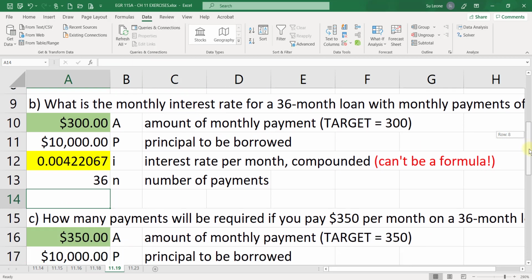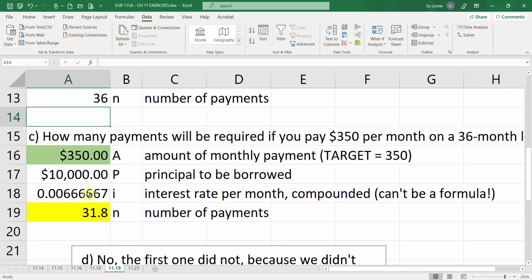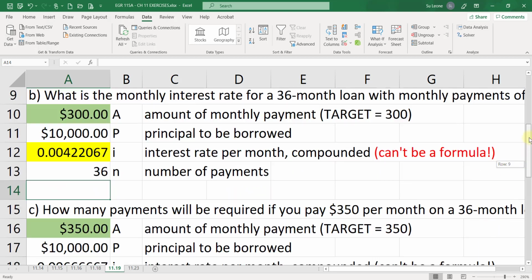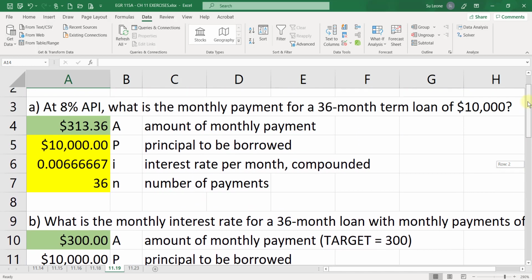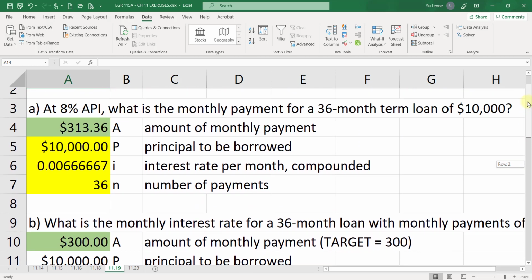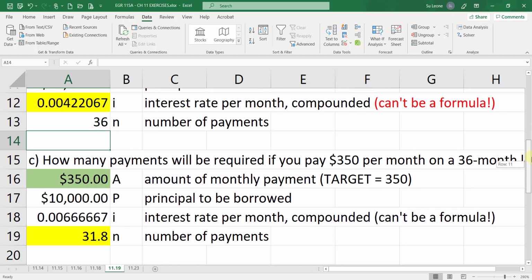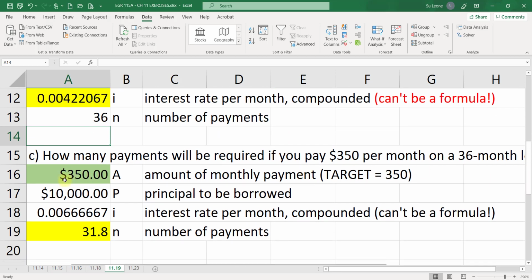Let's see, what if you can pay 350? You know, the bank tells you, or the car place tells you, okay, you only have to pay 313. And what if you say, well, I can pay 350 a month? How many payments would it be?